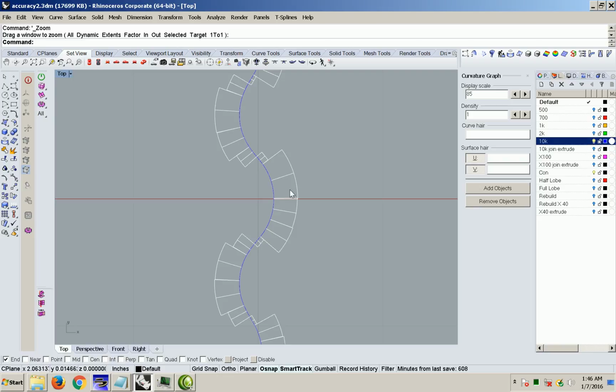At 10K the whole line is covered with lines, and it shows that it is all arcs and there are no line segments. And the last one will show the converted NURBS curve and how much more smooth the curvature graph is.